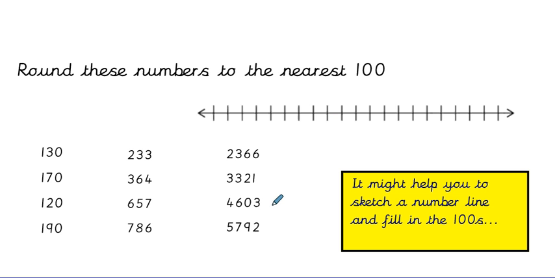Okay, and using an empty number line, I'd like you to see if you can round these numbers to the nearest 100. You might want to pause the video while you try and do that.